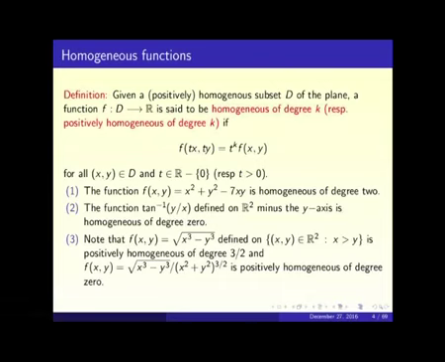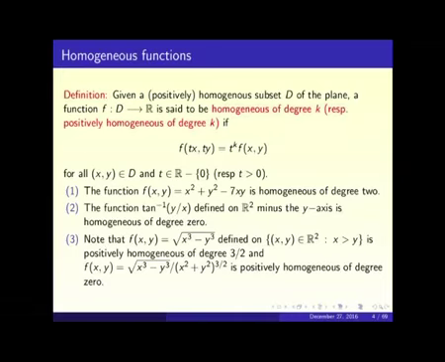Now let's take the next example, tan inverse of y by x. This function is not defined when x is 0, so it is not defined along the y-axis. So remove the y-axis. Then you see that when you replace (x, y) by (tx, ty), nothing changes.